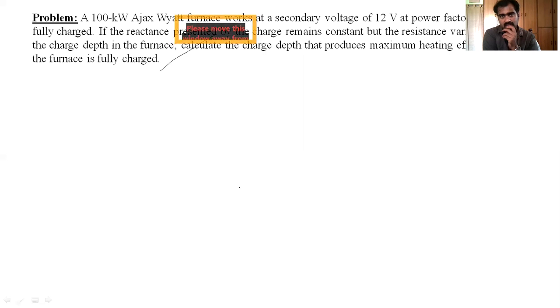For that, he has given the data. He has connected the secondary voltage of the transformer. The secondary voltage is 12 volts at a power factor of 0.6. He has given the power factor directly itself, so we are not going to calculate any power factor cos phi.